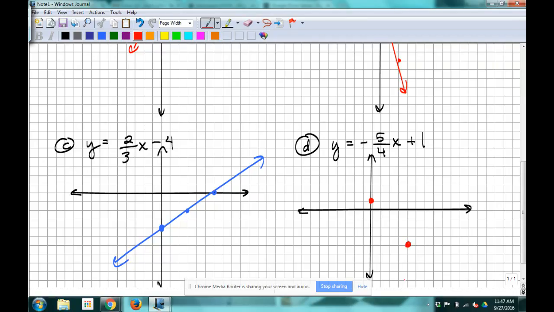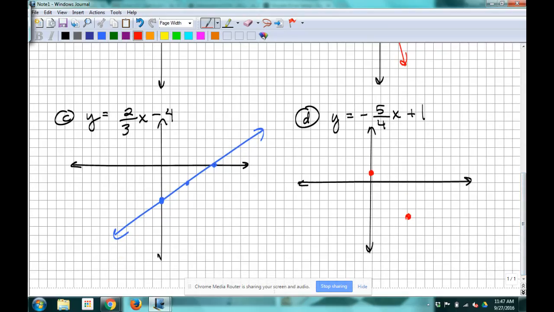I could do that again if I wanted to. Down 5 over 4. You end up with a line going through those dots. Again, once is enough, but I like to do an extra one just to make my line a little bit more precise. That'll be handy when we get to chapter 7, next nine weeks.